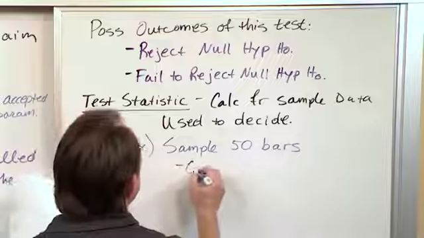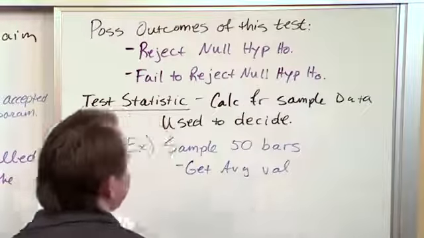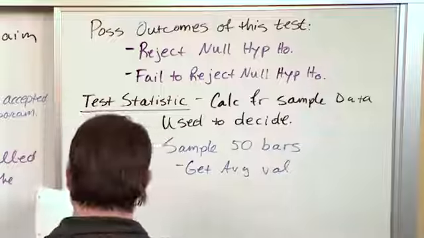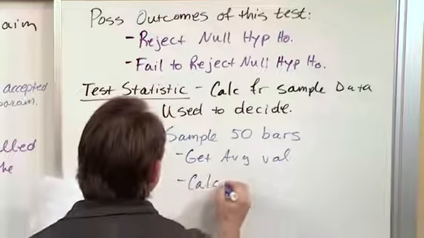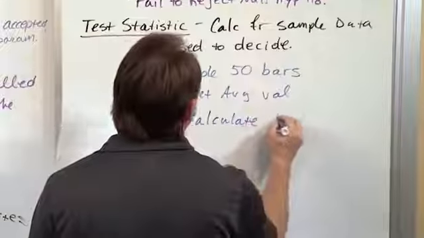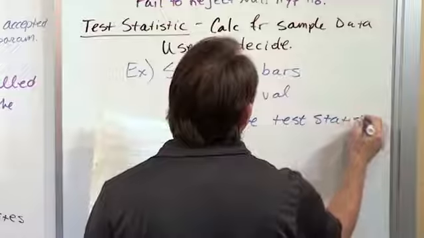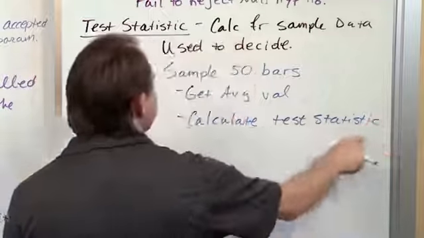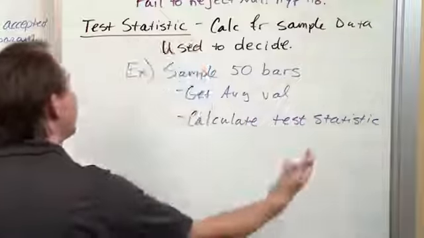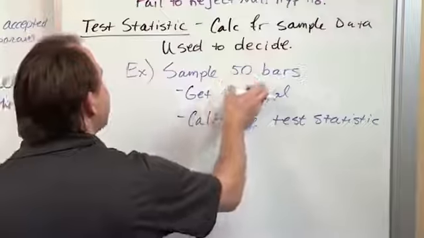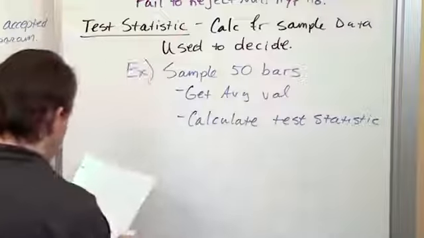Let's say that we get the average value of the mass of the bar, right? Then we use this information to calculate something that we call the test statistic. This is basically an equation that's dependent on the type of problem that you have. And you use this test statistic to help you determine, is the data that you have statistically significant enough to reject this null hypothesis or not?